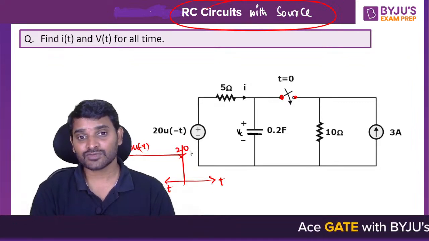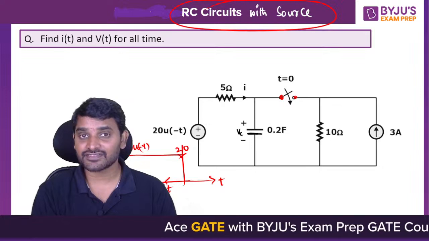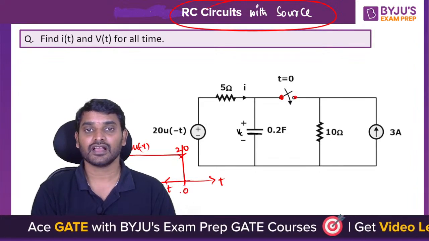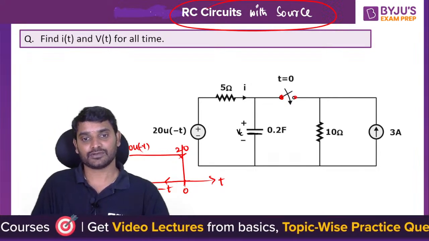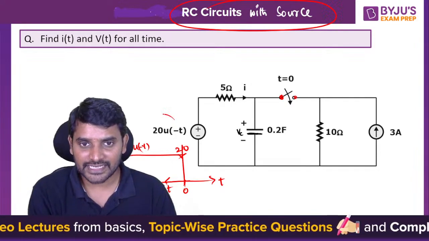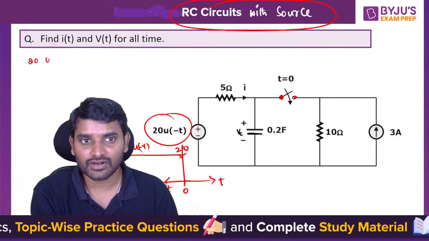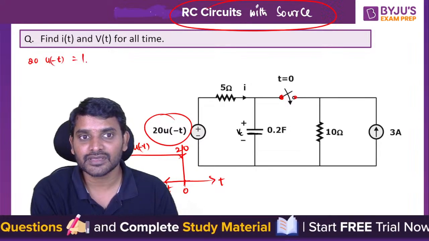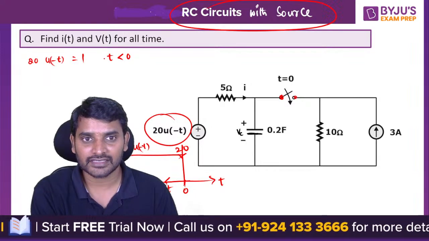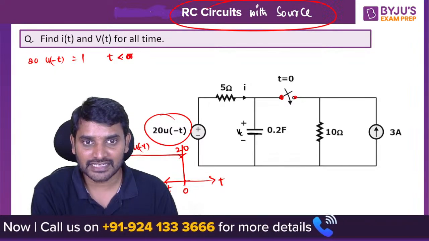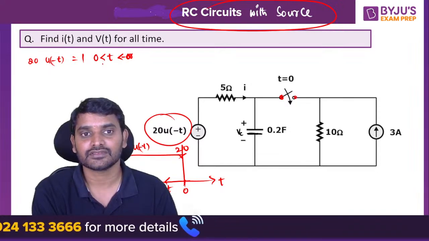That means the u of minus t signal exists from minus infinity to 0. For t greater than 0, that source value will be 0. So 20 u of minus t has value 1 for t greater than minus infinity and less than 0.